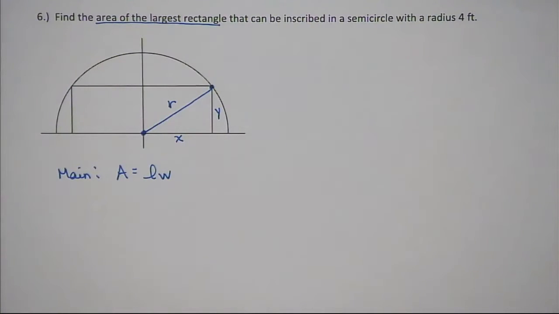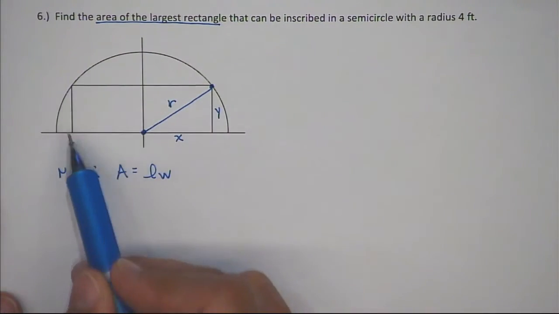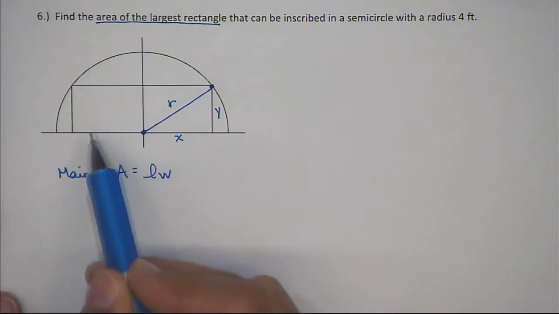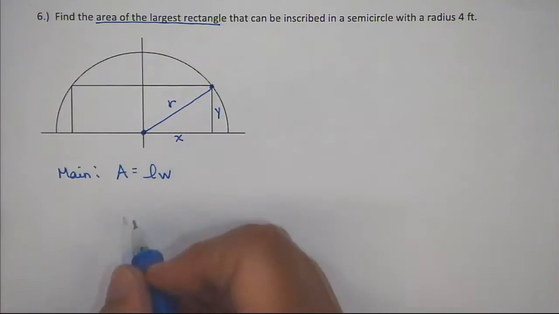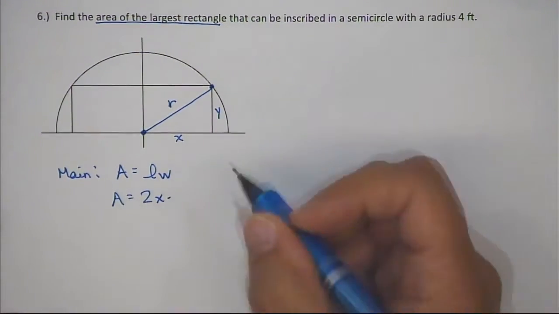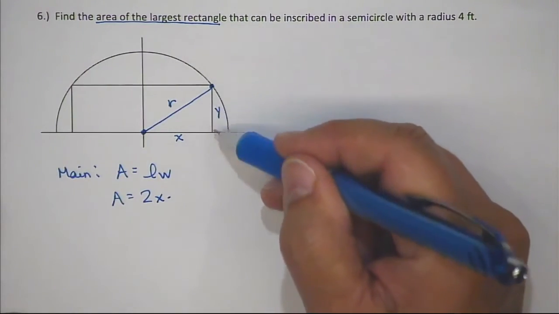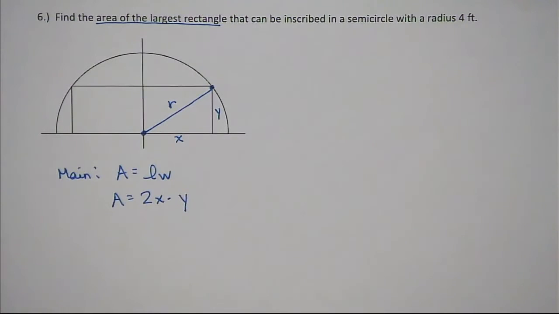So look at that picture and tell me what is the length of that whole rectangle. Yep, 2x times y, because this is the rectangle that we're putting in the circle, right? Right there. 2x times y. All right, so we see that the length is not just x, it's 2x, right? So we have the area is 2x times, what's the width of this rectangle? Y. All right, so would that make sense then, what I wrote down? So length, 2x, and the width is y.